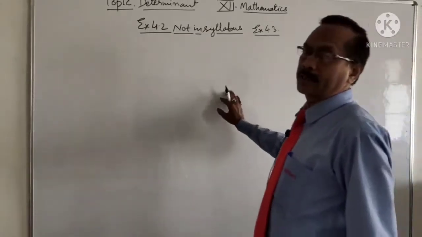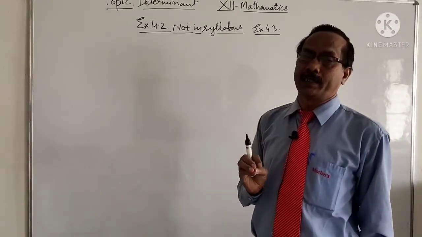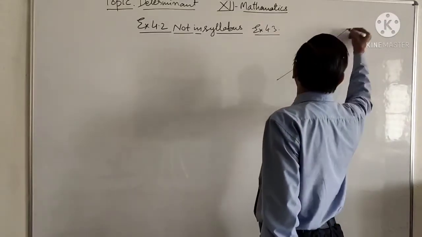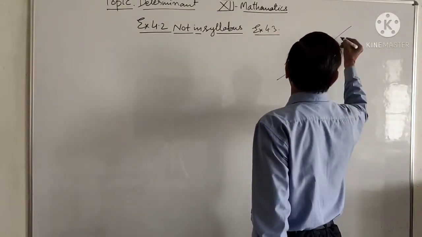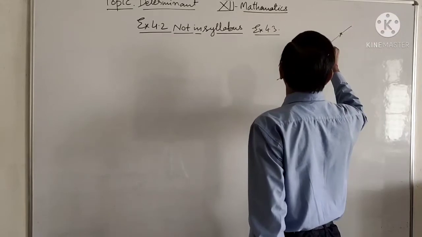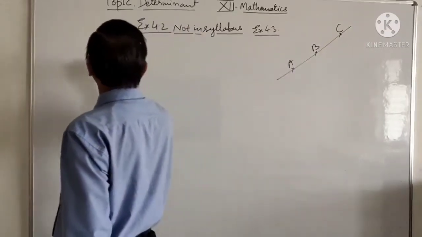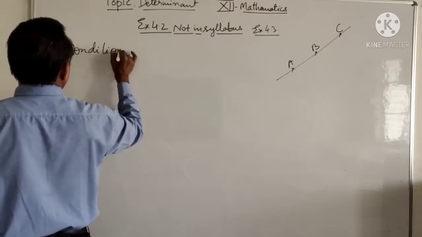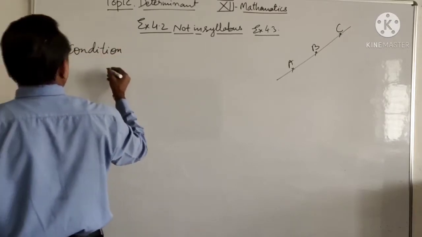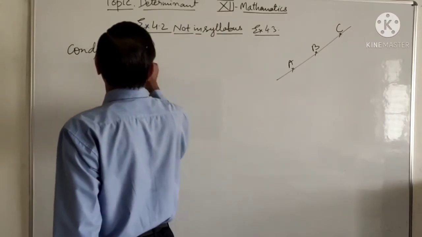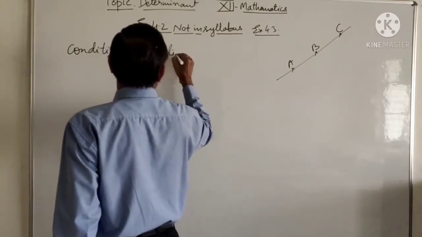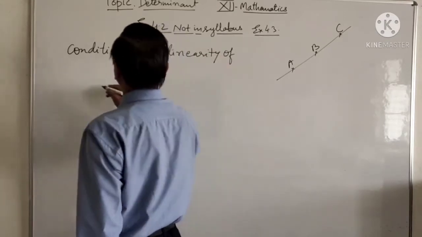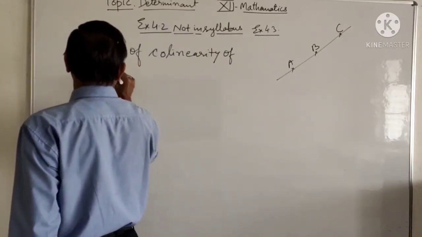Now students, next is collinearity of the 3 points. There is one logic, the condition of collinearity of 3 points.